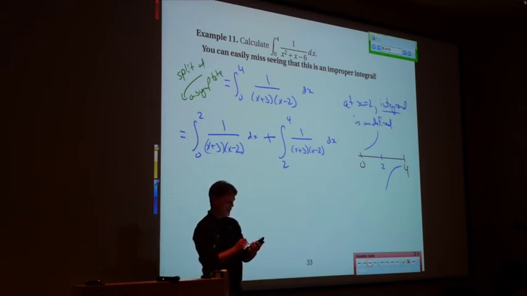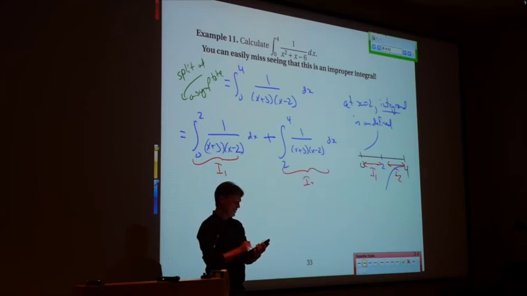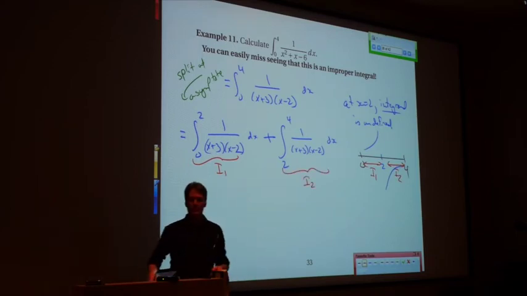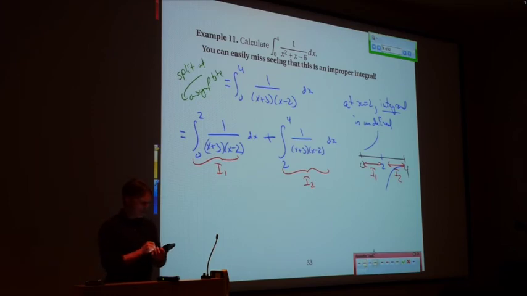So we have one integral over this range, and then a second integral over the second half of the range. And we confirm that these both have a single infinity in them now. That's good.